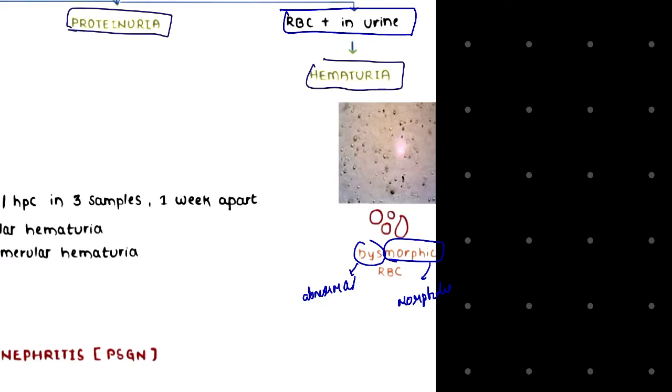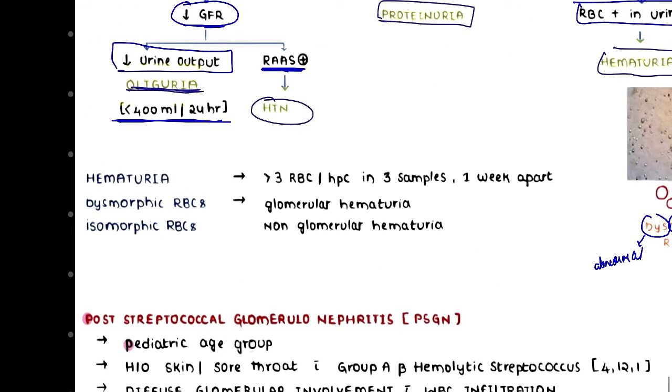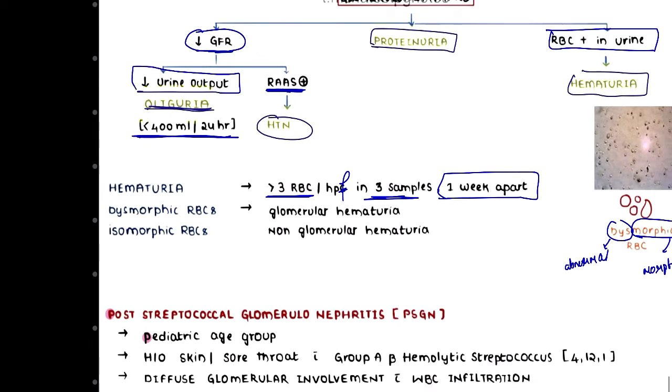Now, as we're talking about hematuria, in high power field there will be more than 3 RBCs in 3 samples taken 1 week apart, and this will emphasize our hematuria.